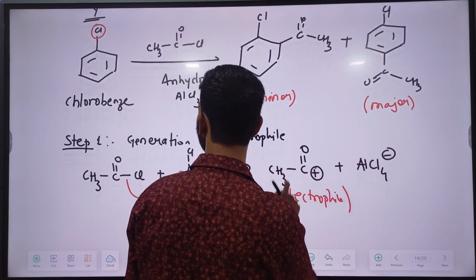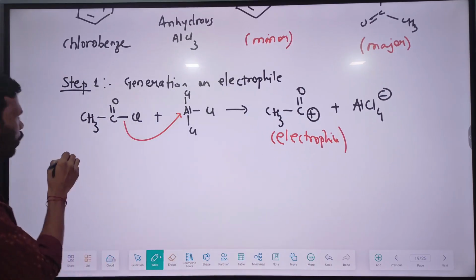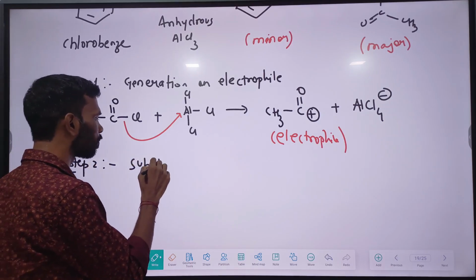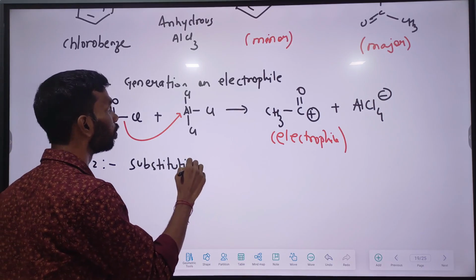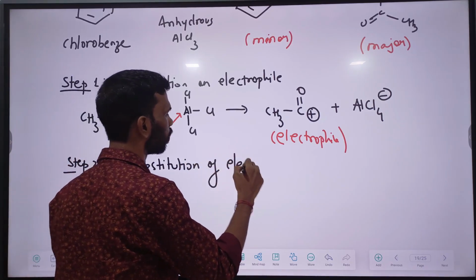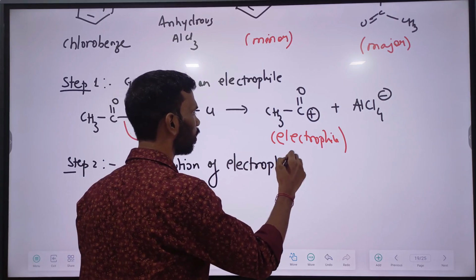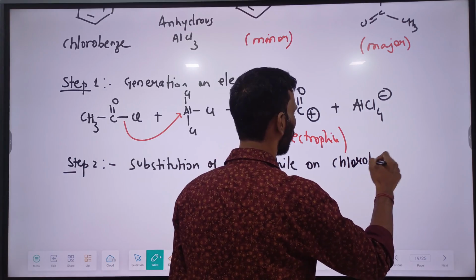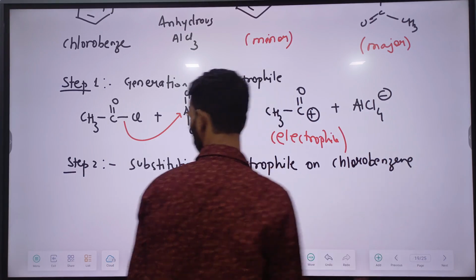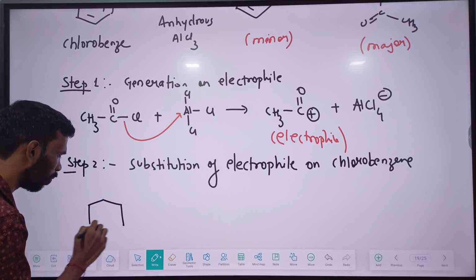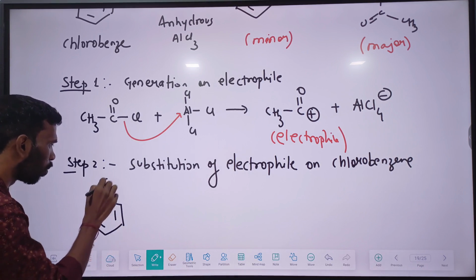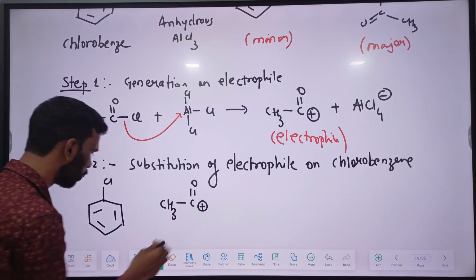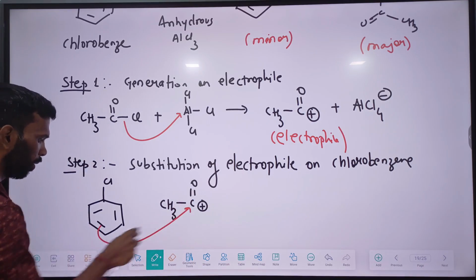And then step 2 is substitution of this electrophile on chlorobenzene. Your electrophile is the C double bond O with the positive charge. I'll show the major attack here only.